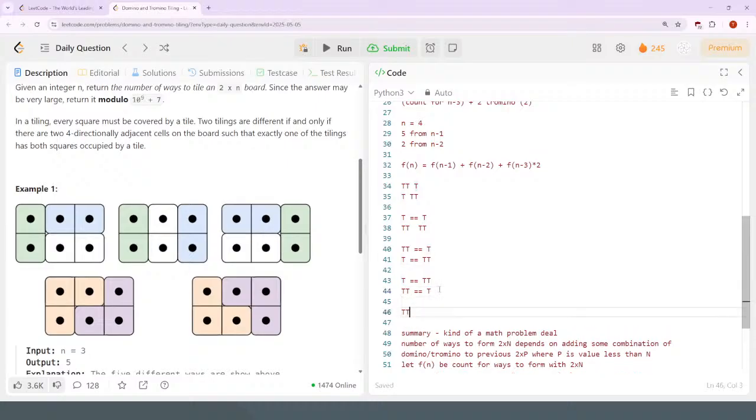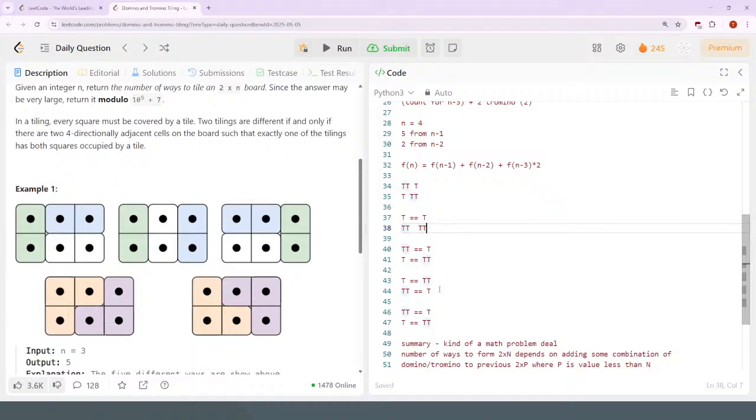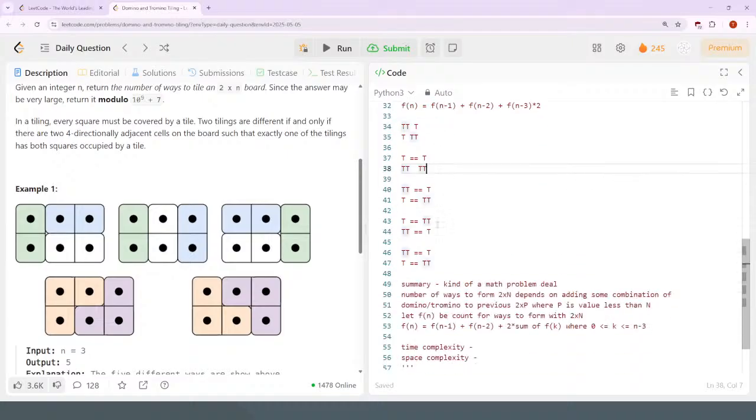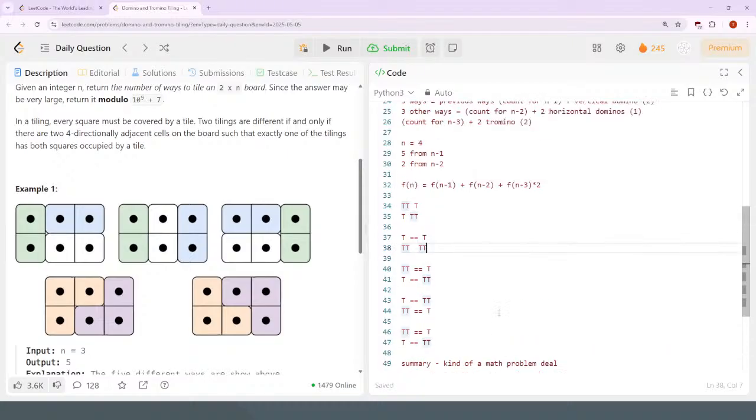So anyway, for everything that's less than n minus 3 away, it's 2 times that.